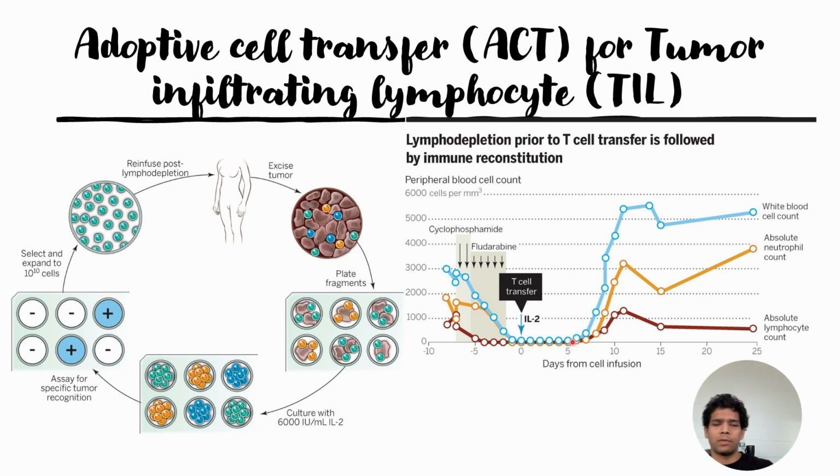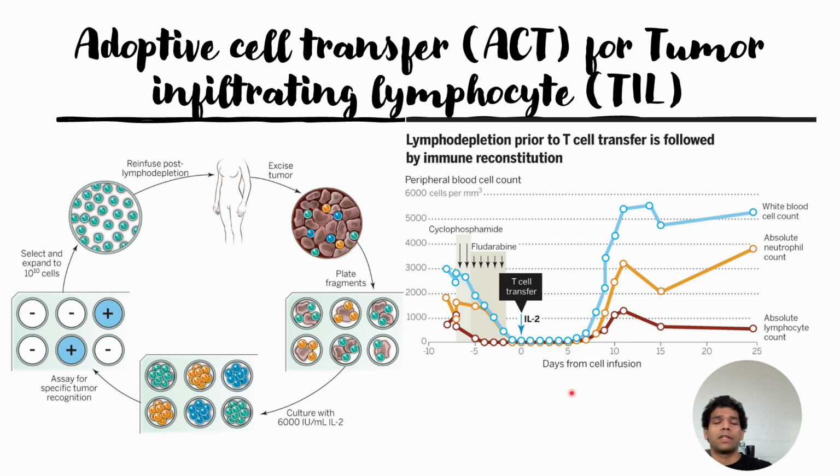We can see a further increase in the immune cells, that is white blood cells and absolute neutrophil count, while absolute lymphocyte count remains at a lower level, because in that patient the lymphocyte amount seems to be at this level only.